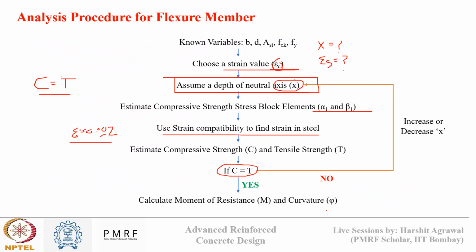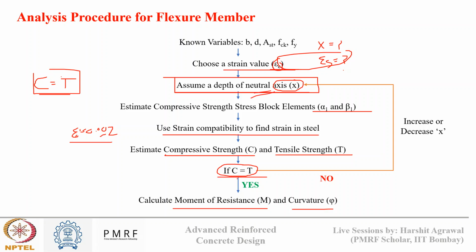If I know alpha 1 and beta 1, I can get the net compression force that is offered by the concrete, and if I know the strain in steel, I can get the net tensile force offered by the steel. Now, what equilibrium says is that the net compression force should be equal to the net tensile force. If it is true, then we can calculate the moment of resistance and curvature, because the depth of neutral axis that we assumed is correct.